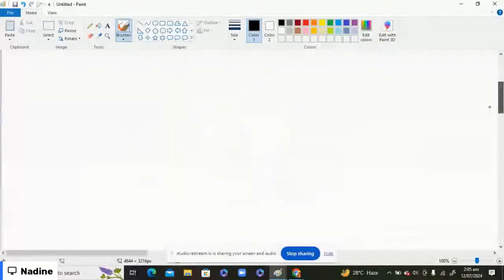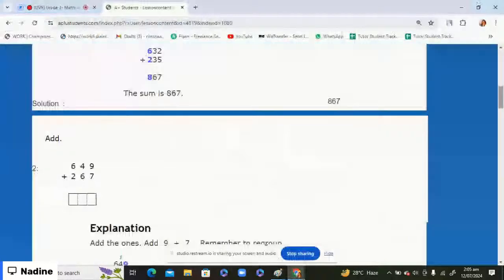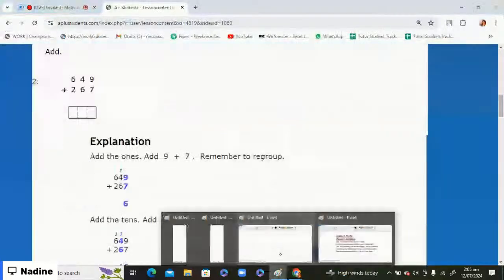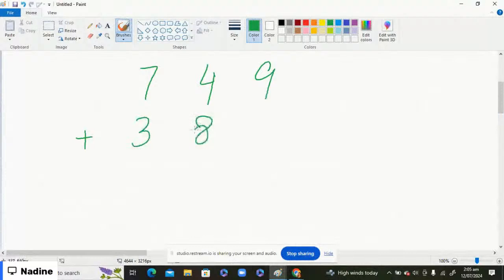Okay, now let's do the next. I'm just going to write down some bigger numbers here, like 749 added with 387. Yes, you have got the right answer.